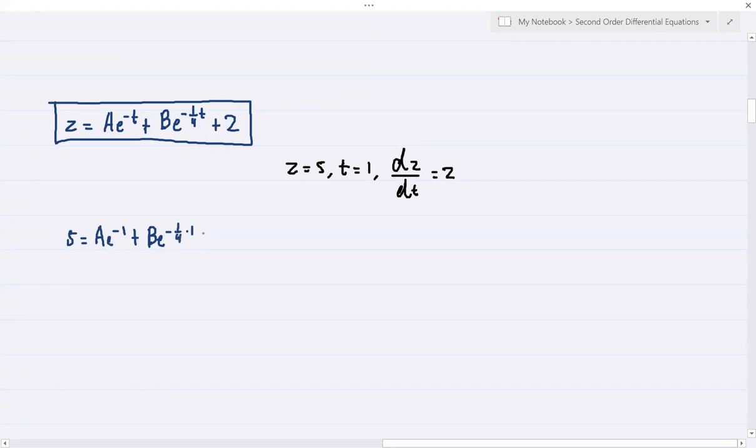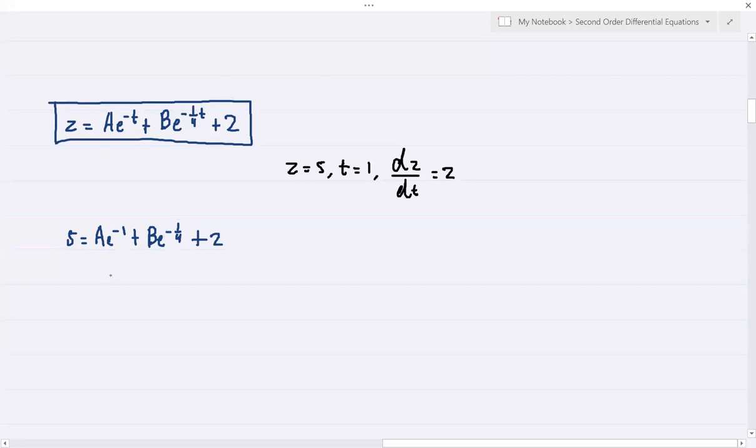Your t is 1, so your product will be negative 1/4 if you multiply by 1. Then plus 2. Once again, substitute your z and any other variables to your general solution. Your z will become 5 and your t will become 1. So we have ae raised to negative 1 and be raised to negative 1/4 times 1, which is still negative 1/4.